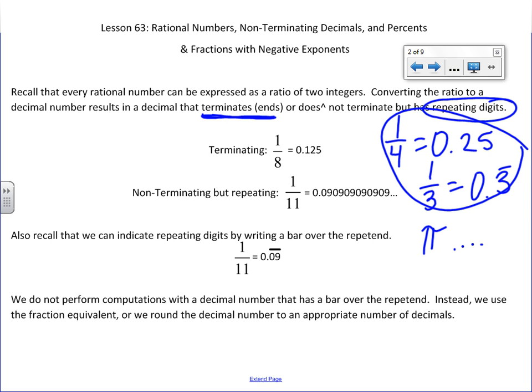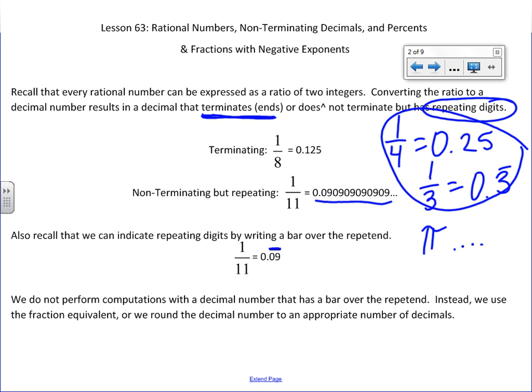So whenever we have digits that repeat, we write it with a repeating bar, and the repeating bar only goes over what's being repeated. So we are repeating 09 here, so we put a bar over 09. Our answer for 1/11 as a decimal would be 0.09 repeating.